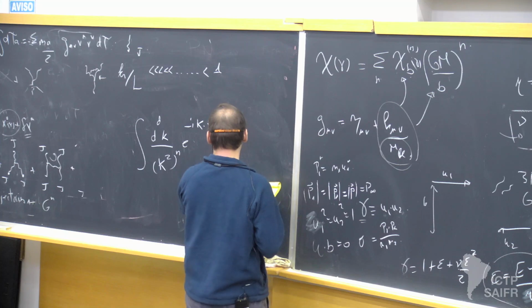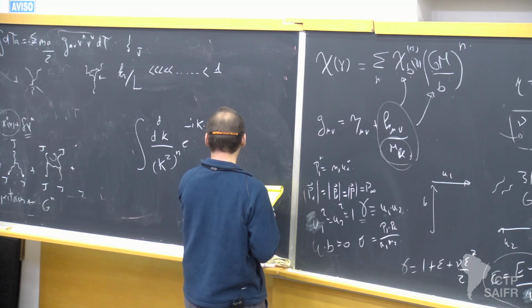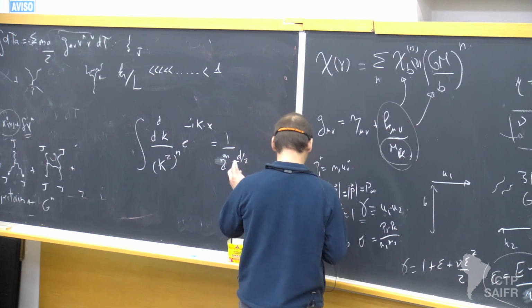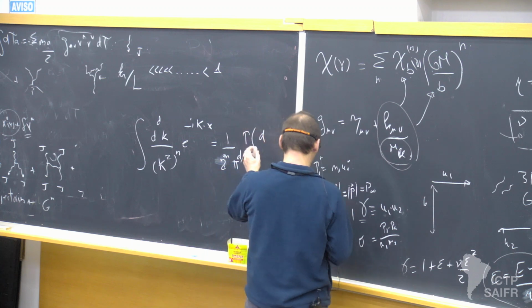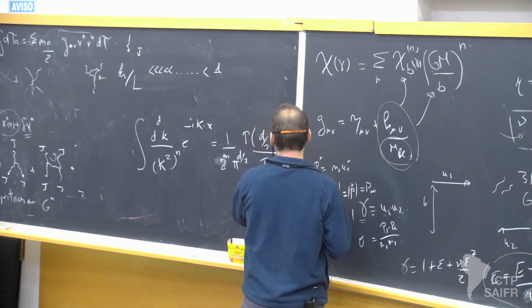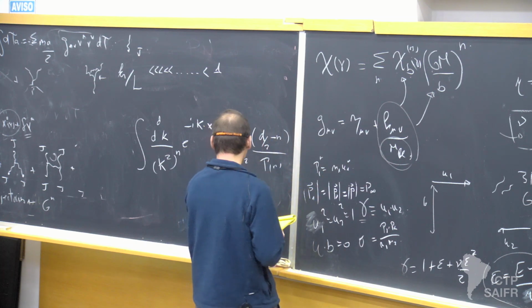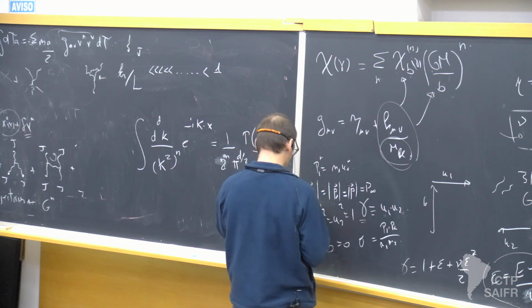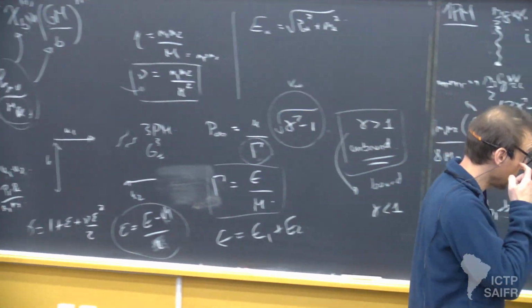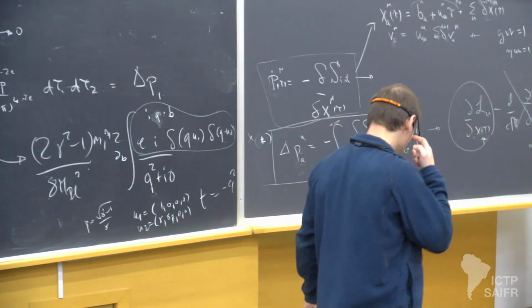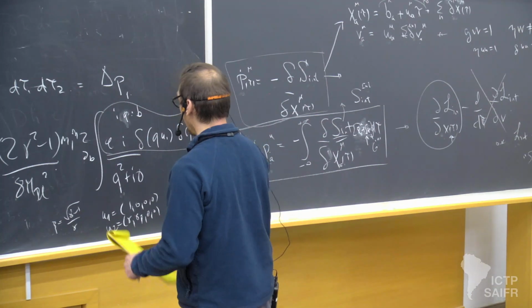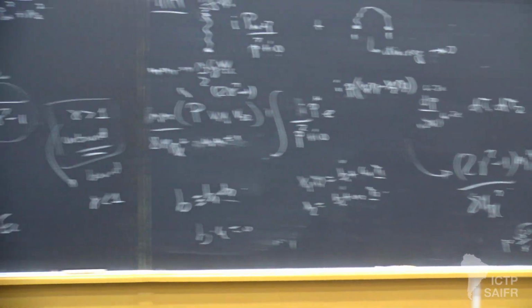This is, if I did this correctly, 2 to the n, then pi to the d over 2, then gamma of d over 2 minus n divided by gamma of n, and then x squared to the minus d over 2 plus n. And all you need to know then is that it's two-dimensional.